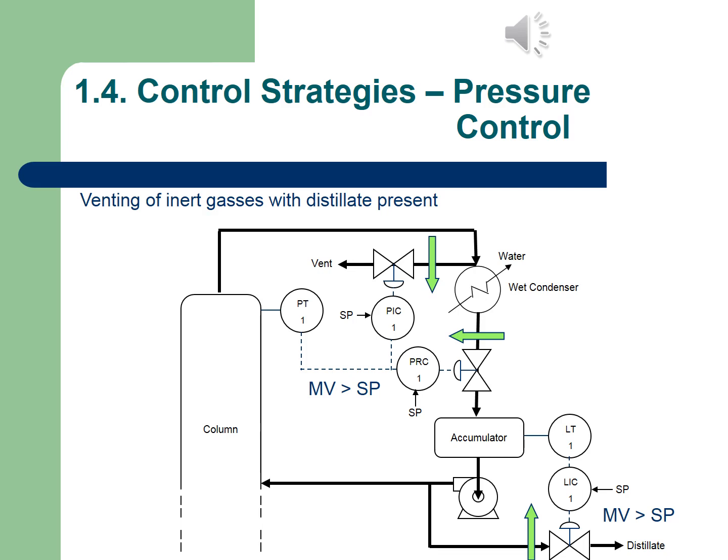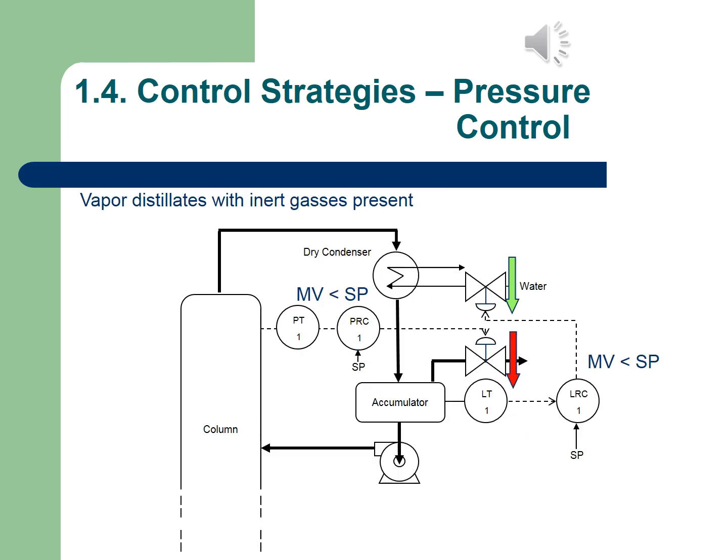And then if the accumulator is in actual fact the level rises to a certain set point, it becomes too full, it means that we can actually then release some of this through the accumulator, through the valve that's connected to LIC1, and it can then be fed off as a final product or for further processing.